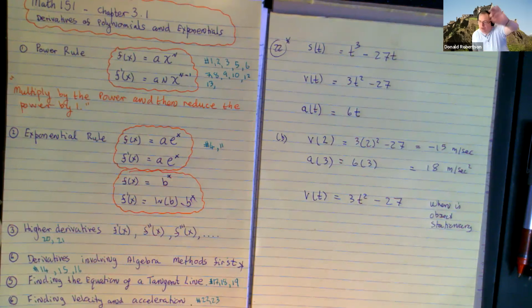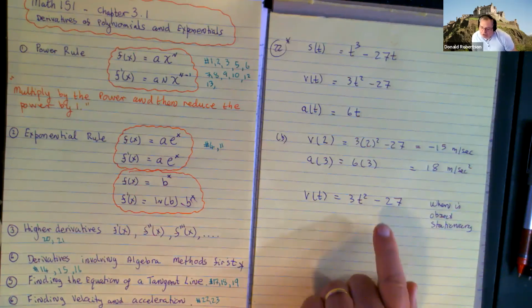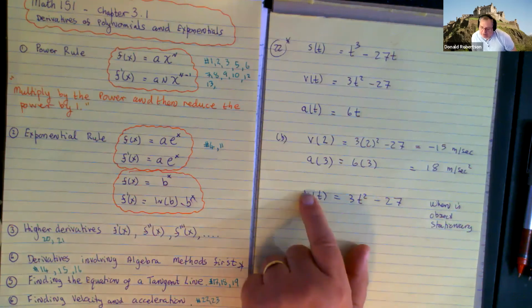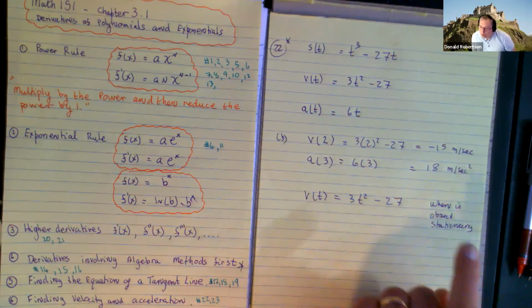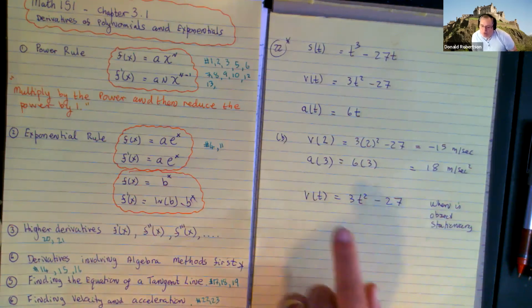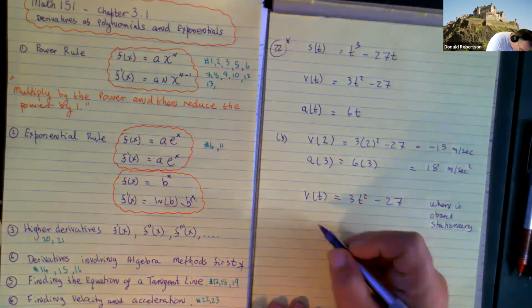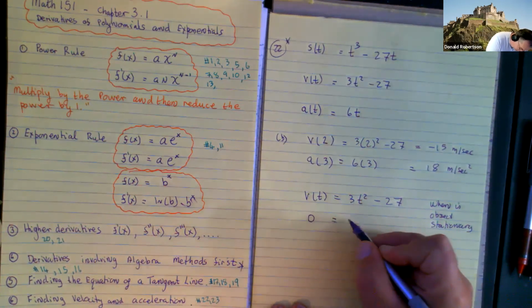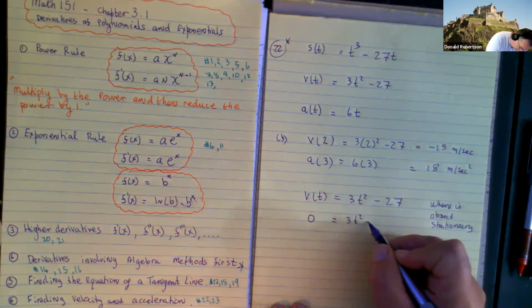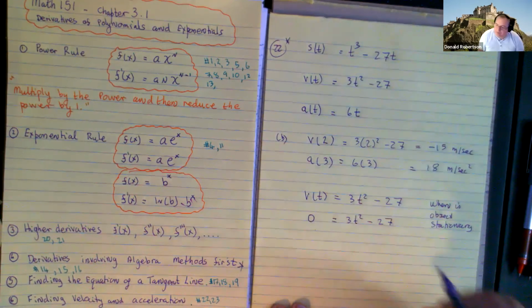Like the basketball jumper up in the air, there's that snapshot of time where they're actually not moving up or down. They're hanging there. We should be able to find it from here. When you're stationary, the velocity is 0. Agreed?